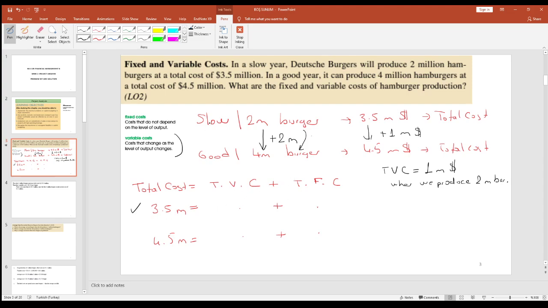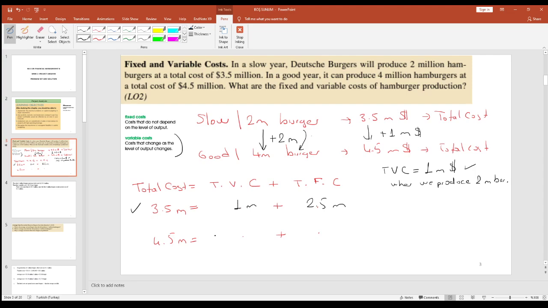In a slow year, we have 2 million burger production. So in case of 2 million burger production, we have $1 million total variable cost. From this equation, we can easily find total fixed cost, which is 2.5 million.